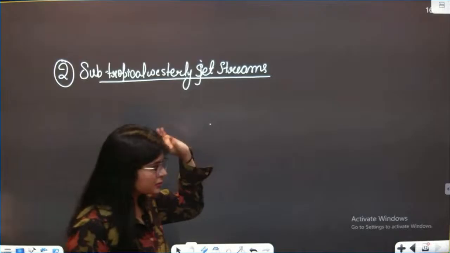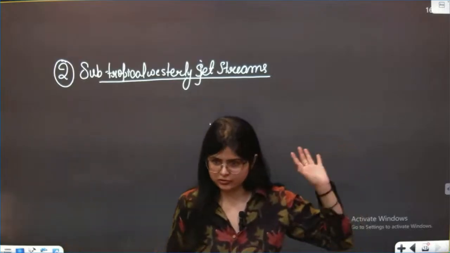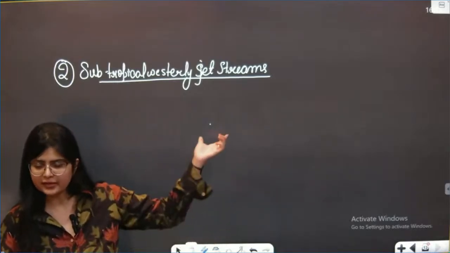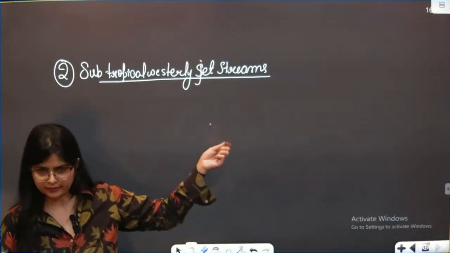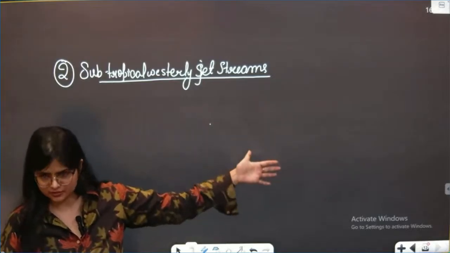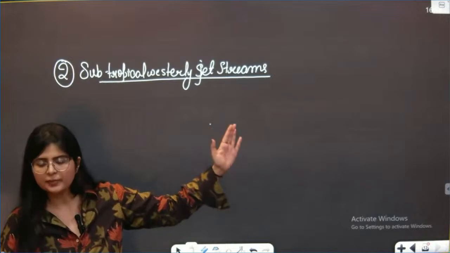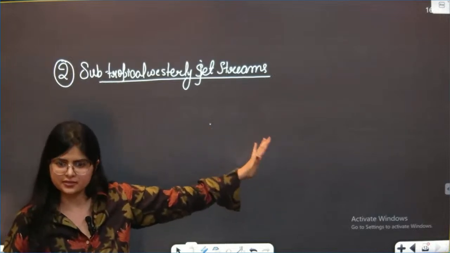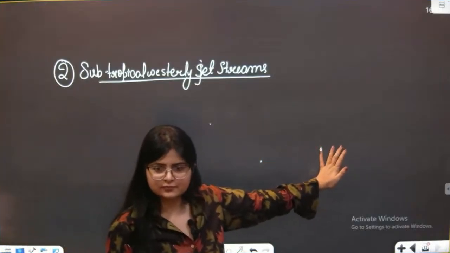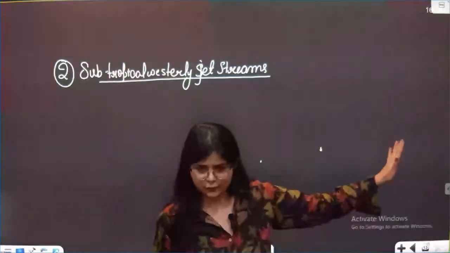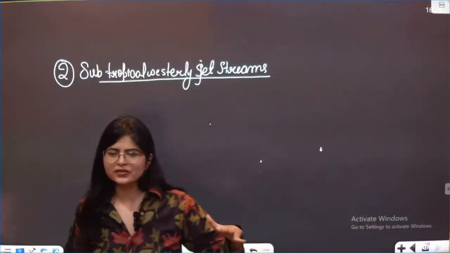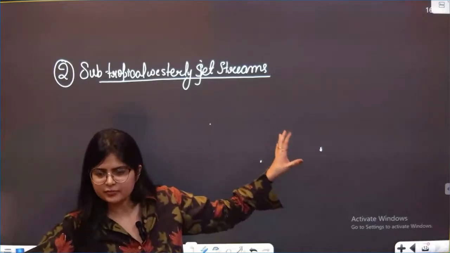This wind has a huge role to play in the Indian monsoon as well, especially when your winters come. This wind has a big role to play, which is called subtropical westerly jet streams, right? Where are they coming from? Mediterranean Sea. Where is the Mediterranean Sea? South of Europe and north of Africa. Okay, so these are coming from that area, subtropical westerly.